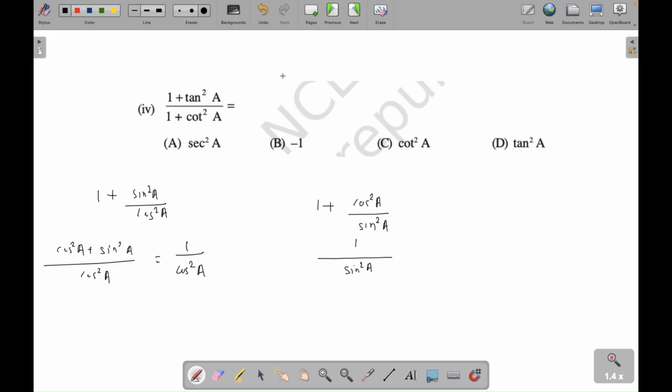So this becomes 1 upon sine square A. So 1 upon sine square A upon 1 upon cos square A. So cos square A will go up, sine square A comes down. So this becomes cot square A. Right? So cot square A is the answer. Again, if we substitute 45 here, this will not work. Why? Because at 45, this is also 1, this is also 1.